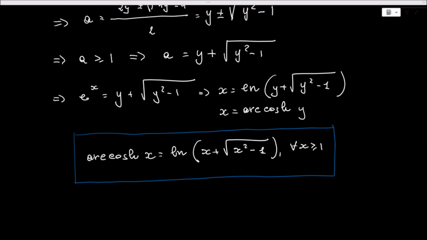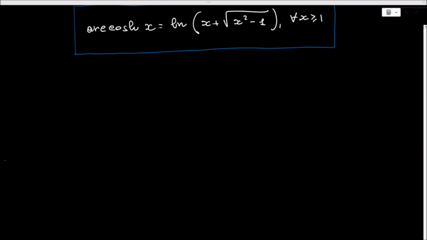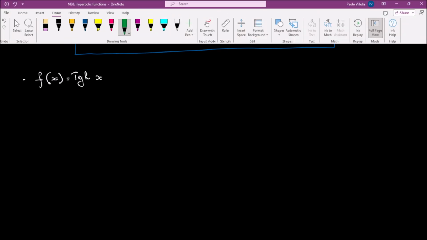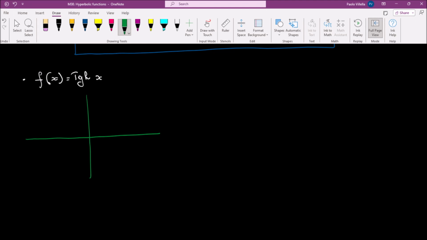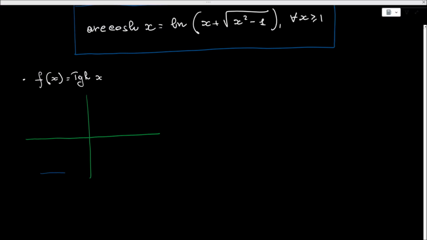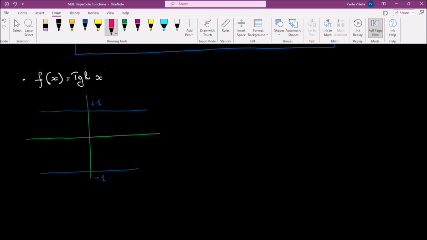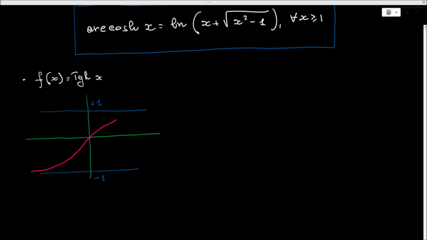As a final step, let's look at the inverse of the hyperbolic tangent of x. Let me remind you what is the graph of this function. We know that this function is between these two lines, minus 1 and plus 1, and it is an always increasing function.